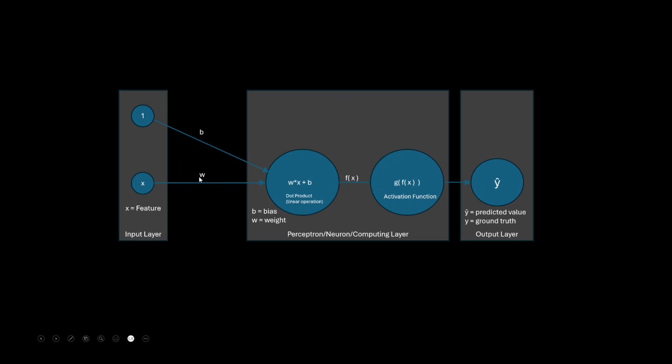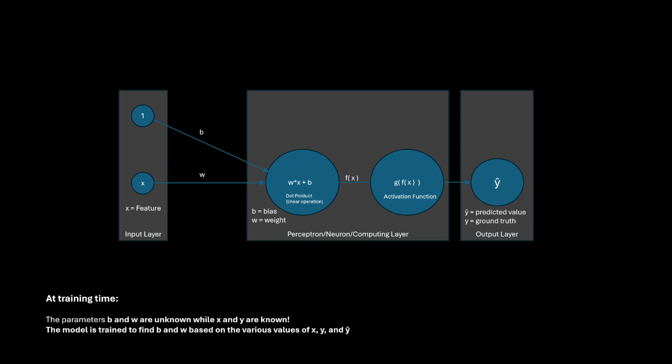It multiplies the weight by the input value X, and then it adds the bias B times 1, which is B. And it applies some activation function. I gave examples in the last video, like a sine function, to give us a non-linear fit for the data, because the data may not be linear. So this part is linear, this part is non-linear.